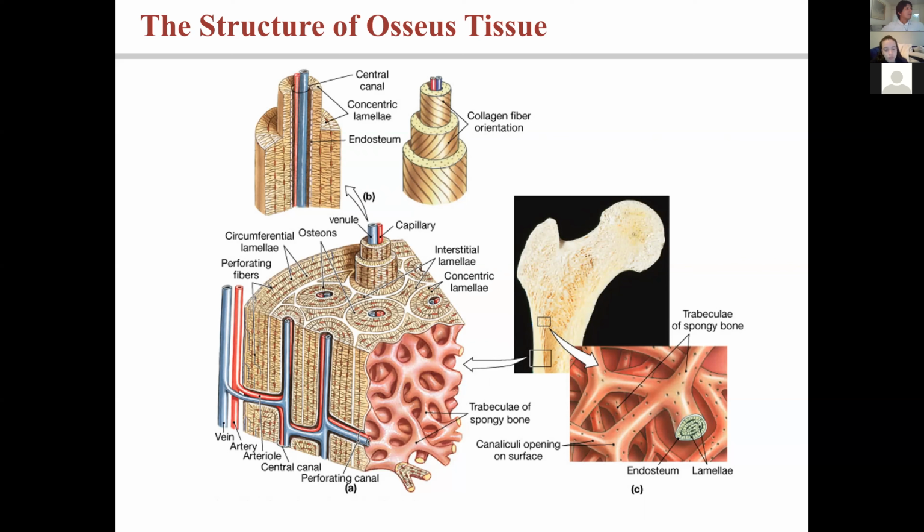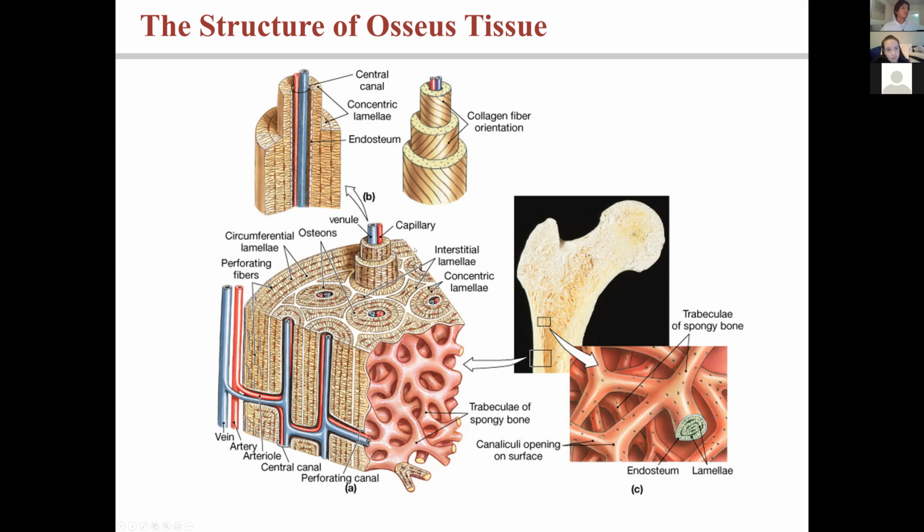What do we have here? There's going to be 3 types of lamella, and their names are just determined by their structure, their orientation. Surrounding the bone, you're going to have circumferential lamella. You can think of it as surrounding the circumference of the bone.